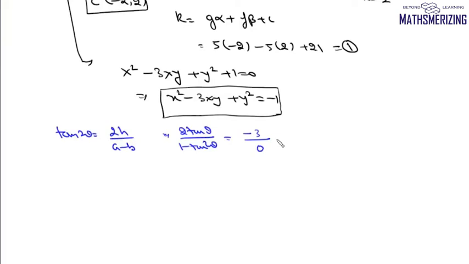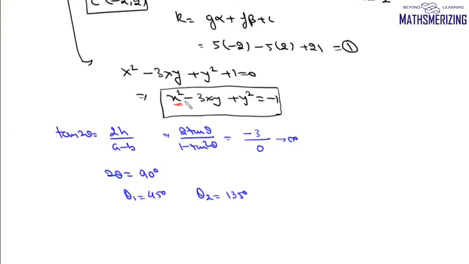So that means value of tan 2 theta is infinite. So one of the angle will be 90 degrees. So that means theta 1 is 45 degrees. And if theta 1 is 45, then the value of theta 2 is simply 135 degrees.